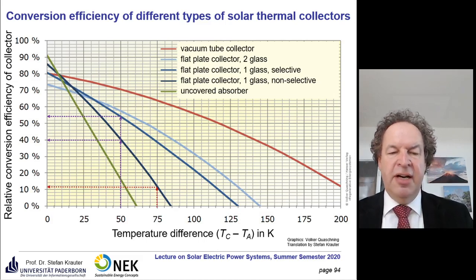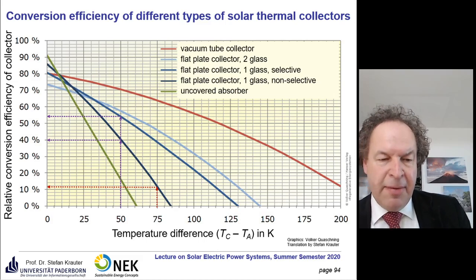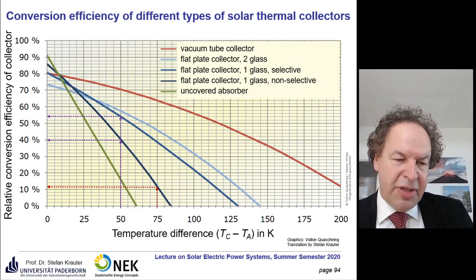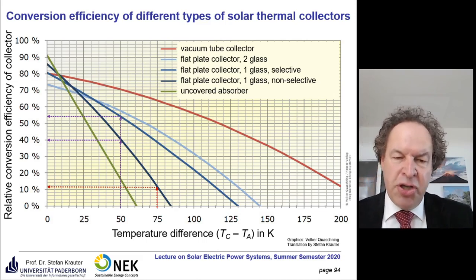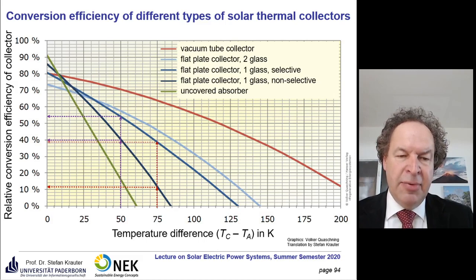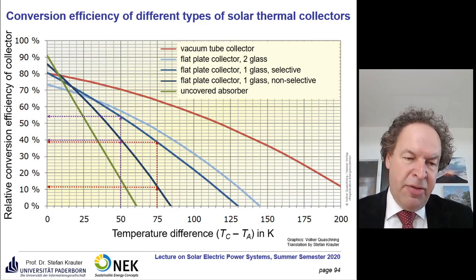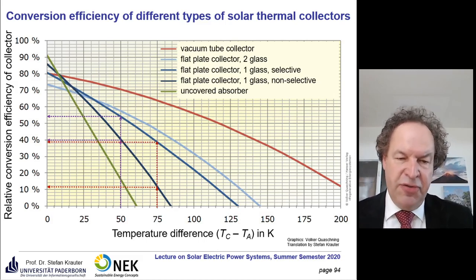For the 75 Kelvin temperature difference, we have about 11% conversion efficiency for the non-selective absorber, and for the selective absorber we have 39% conversion efficiency. So let us see whether it pays off.